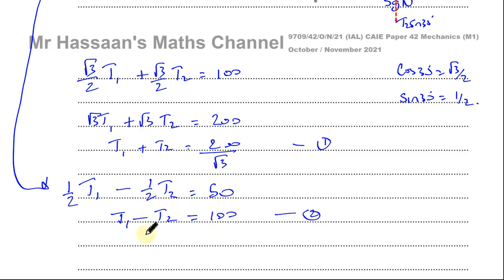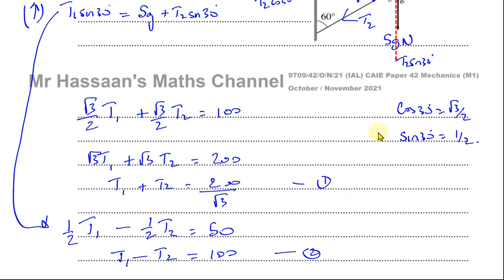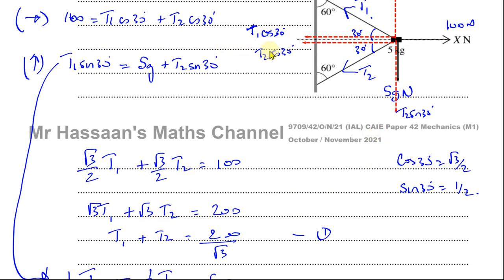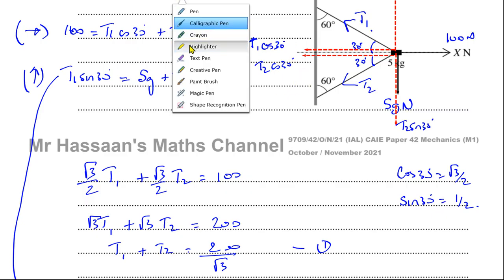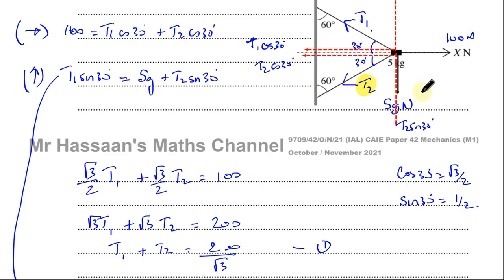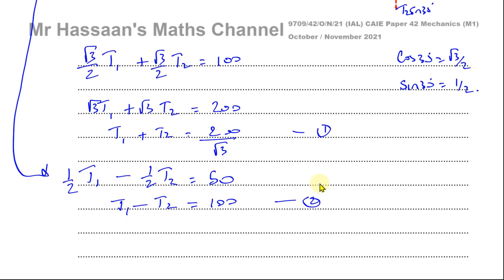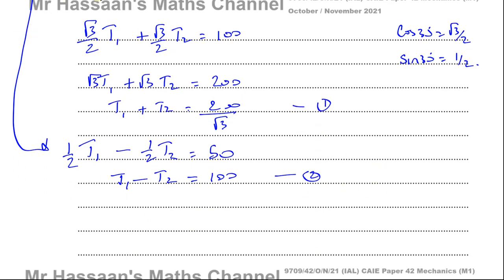So I have these two equations, and I want to find the tension in the lower string. I can subtract these two equations, and that will eliminate the T1. I want to be left with T2.